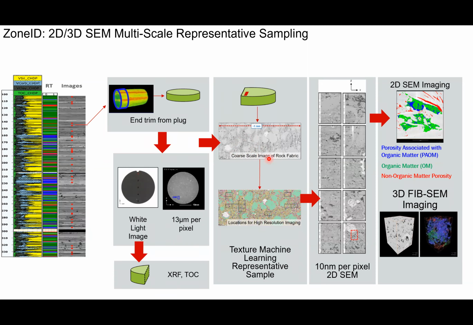A comparison of this was done by analyzing the whole 1 millimeter section by SEM versus using the machine learning application method, where you identify only a few sections and do the analysis and upscaling.